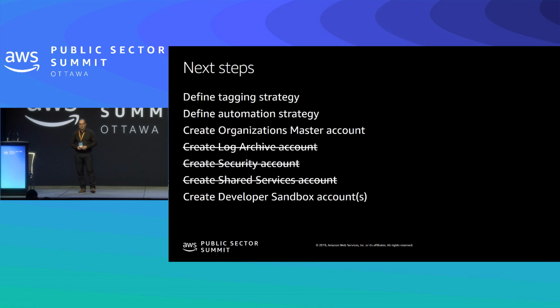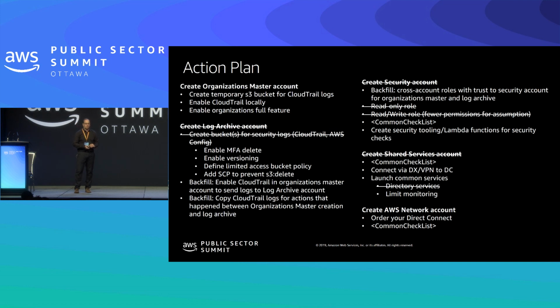So if we go back to that next step slide, which one of these can we scratch out because of the automation provided by this solution? So you still have to create, for example, your top-level organization's master account. The log archive account, security, and shared service account get created for you during the deployment of this solution. What about the action plan? What gets crossed out? Well, we talked about the log archive account gets created, the S3 bucket to hold all your CloudTrail and AWS Config logs.